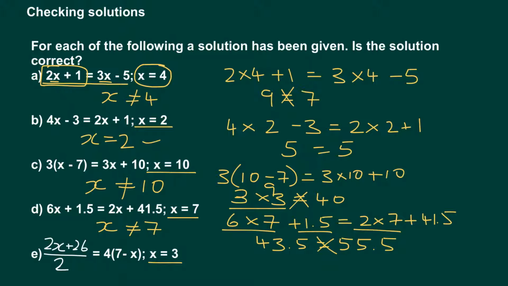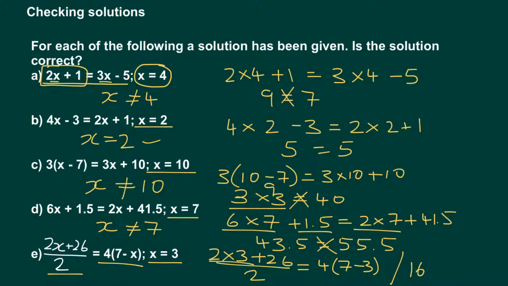So we have x = 3 as the solution given, and we have (2x + 26) over 2 for the left-hand side, and 4 bracket 7 minus x for the right-hand side. So let's work it out. We have 2 times 3 plus 26, over 2, on the left-hand side, which is equaling 4 times 7 minus 3 on the right-hand side. 2 times 3 is 6, plus 26 is 32, and then divided by 2 gives us 16.